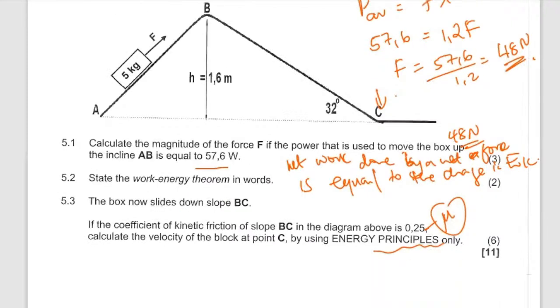So it all depends on how you want to approach this question. Remember, at point B, this box will have mechanical energy, which is a combination of the kinetic as well as the gravitational potential.